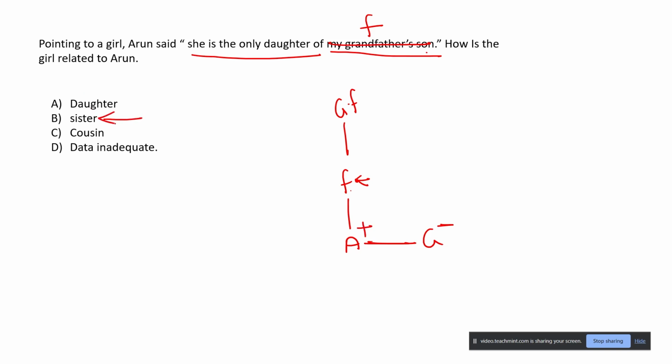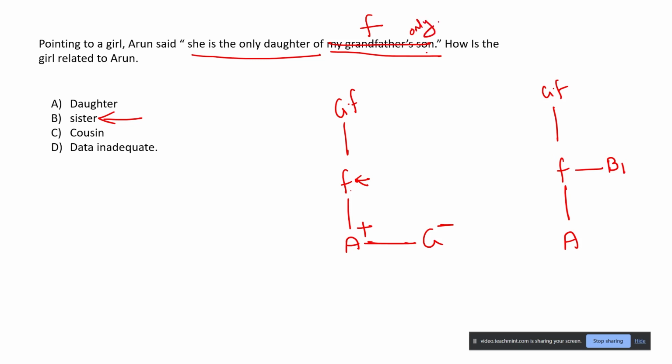That is one way. But see here, if anybody may have an uncle, like your father's brother. Now see here carefully. Arun's father's father is grandfather. Arun's grandfather's son can be Arun's father's brother also. There is a chance. Like your uncle also, you can call him as your grandfather's son. He is not using the word "only son."